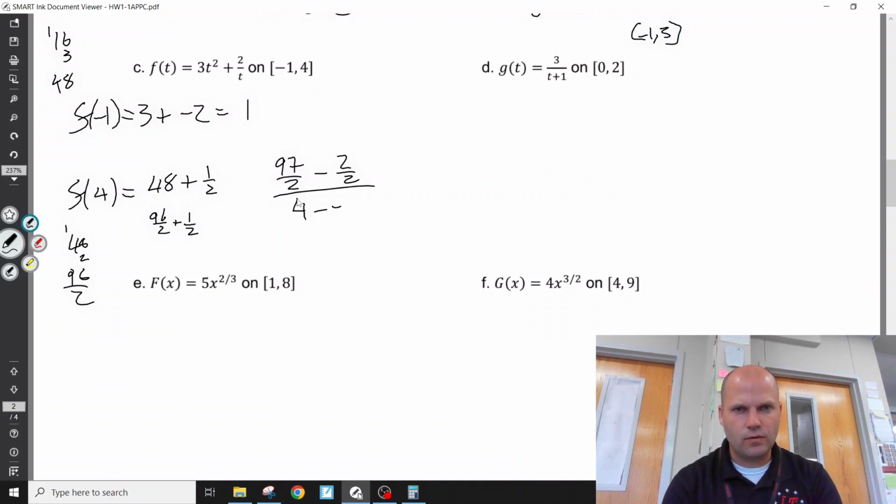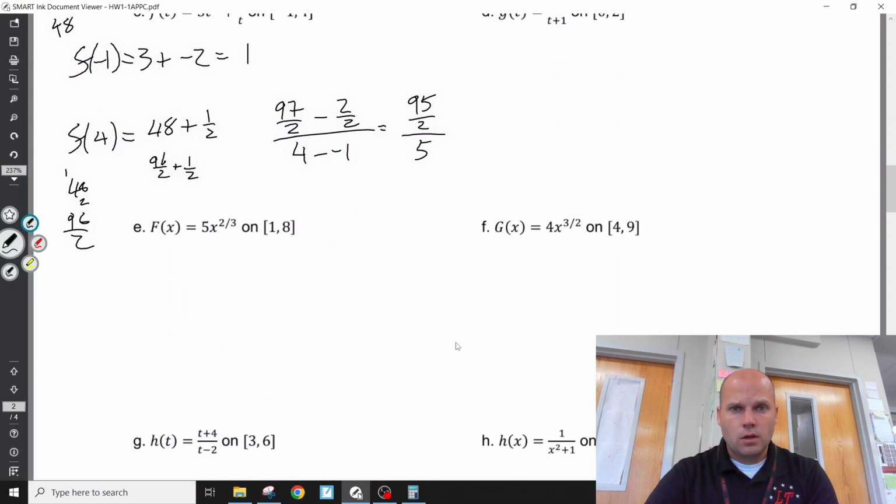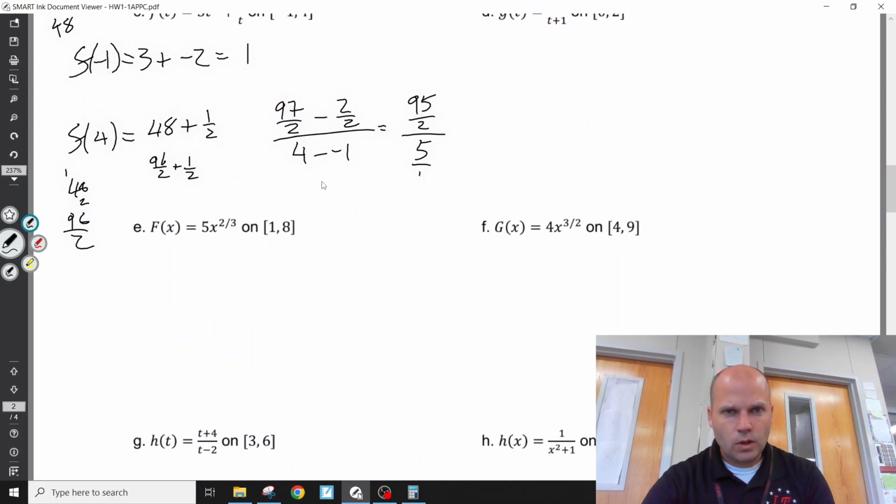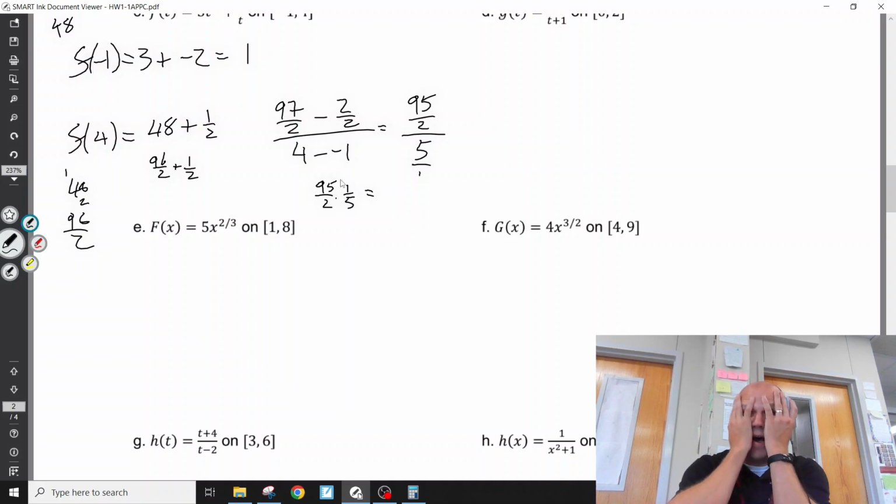Over the course of 5 x's changing, I get 95 halves over 5. What do we do with fractions? Dividing is the same as multiplying by the reciprocal. 95 halves times 1/5 is 95 tenths. I could divide 95 by 5.